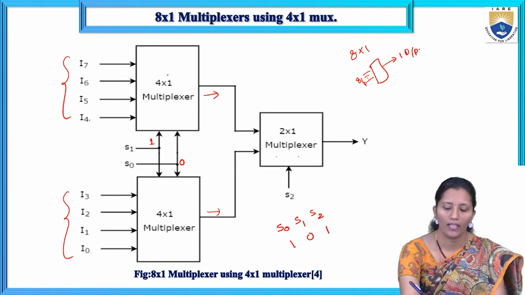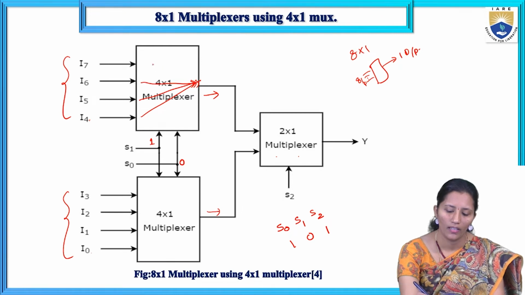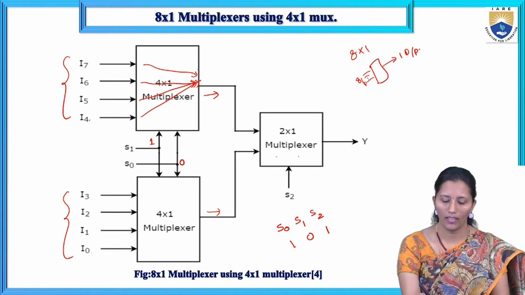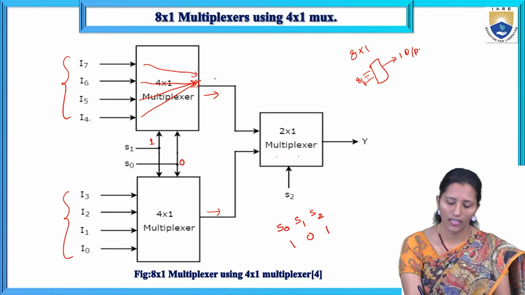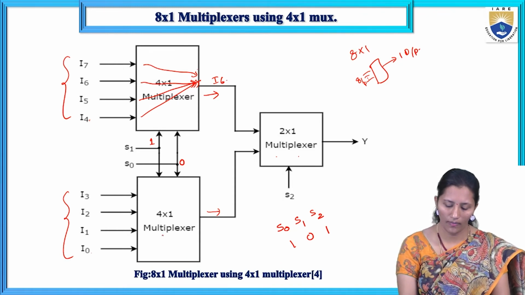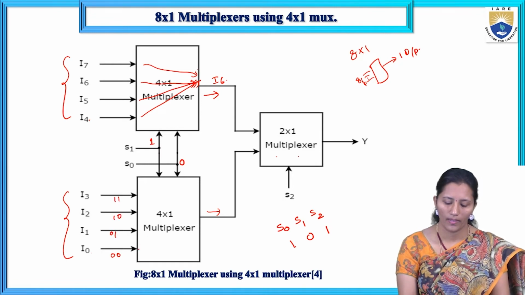In this multiplexer, if the selection is 0 0, then I4 will be mapped; 0 1, I5; 1 0, I6; and 1 1, I7. So here, for 1 0, I6 will come out. In the other multiplexer, for 1 0 we get I2.